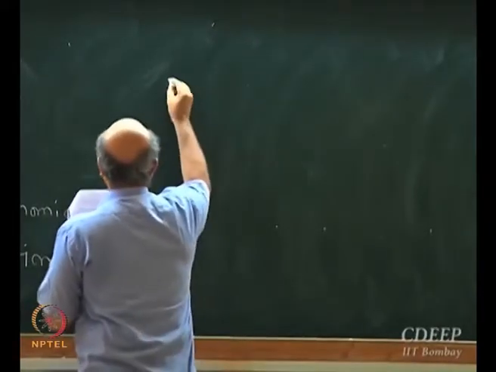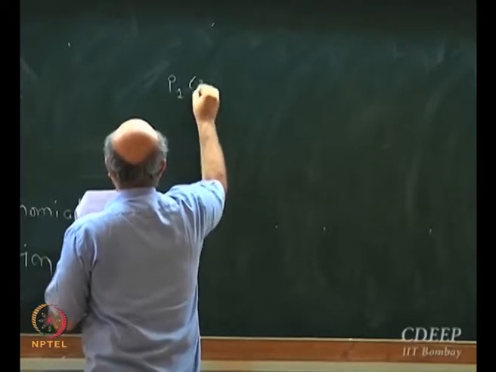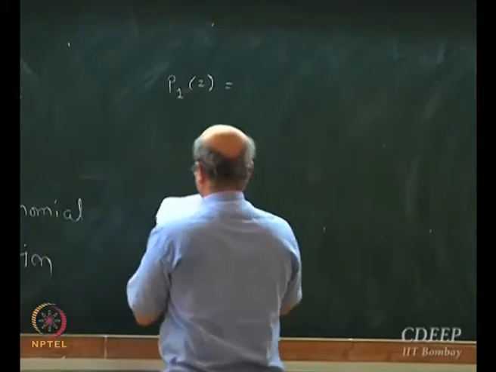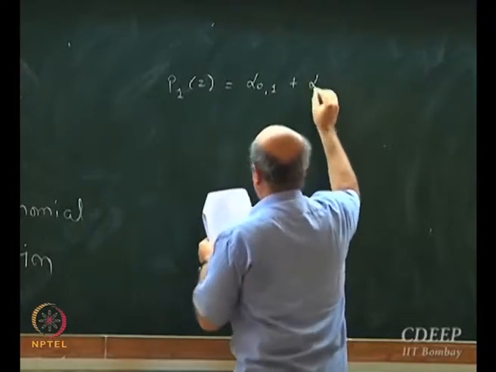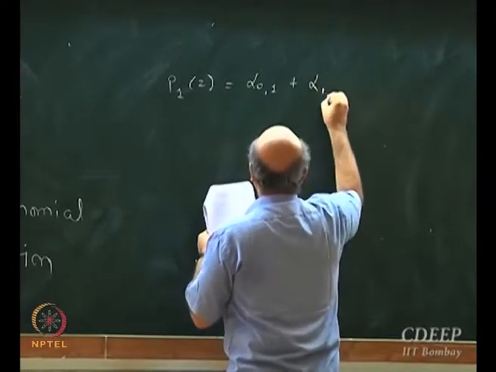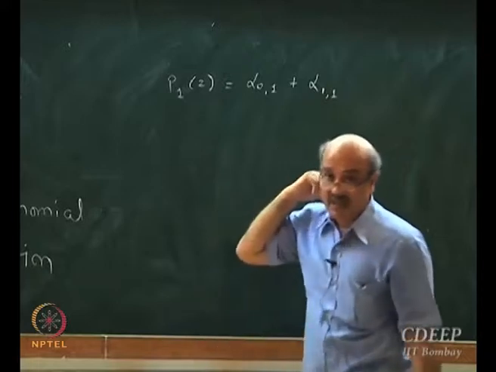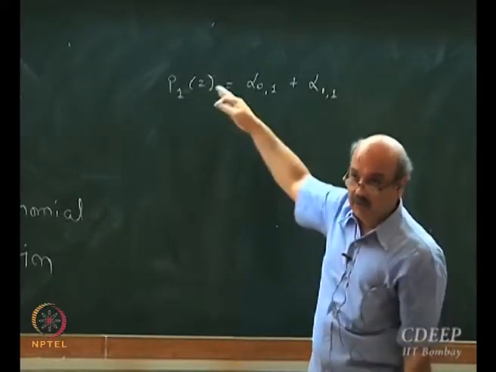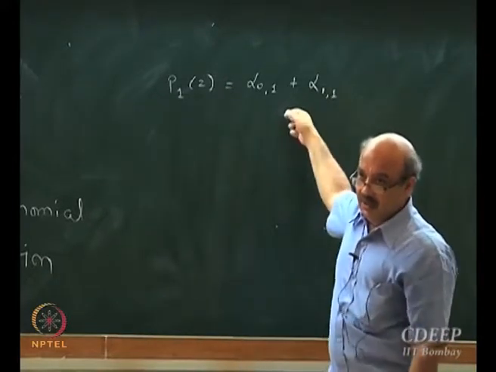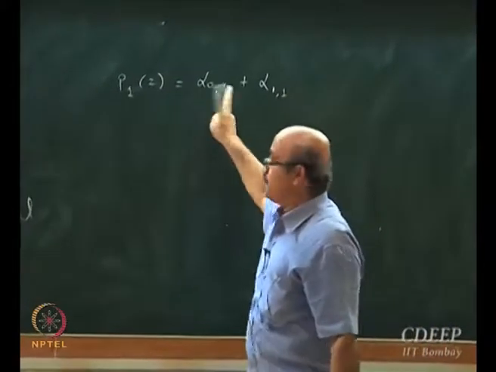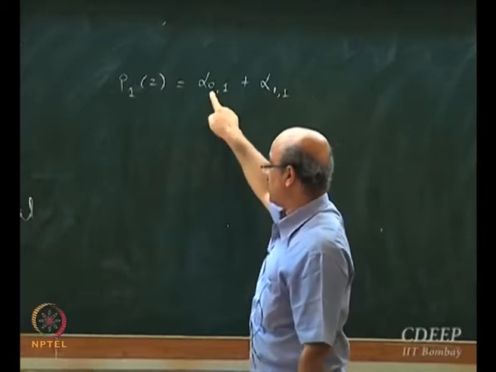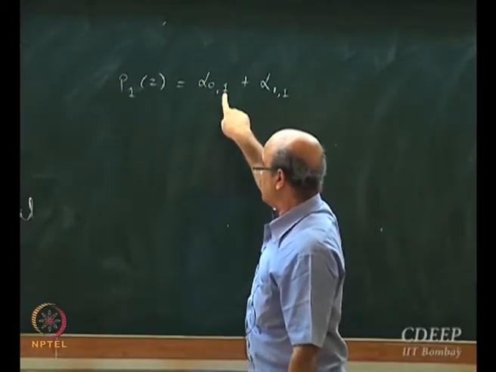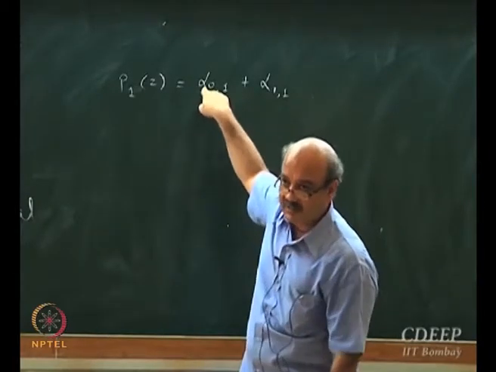So I will have a polynomial P1(z) which is alpha 0,1 plus alpha 1,1. Now there are many polynomials, so I need a notation which has two indices for the coefficients. Alpha 0,1 is the first polynomial's 0th coefficient.